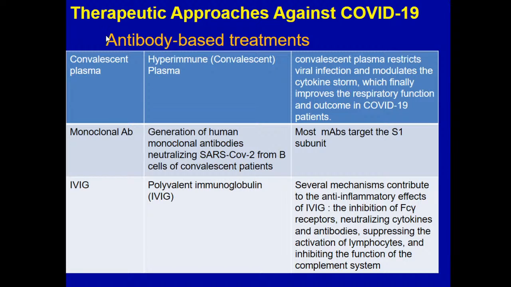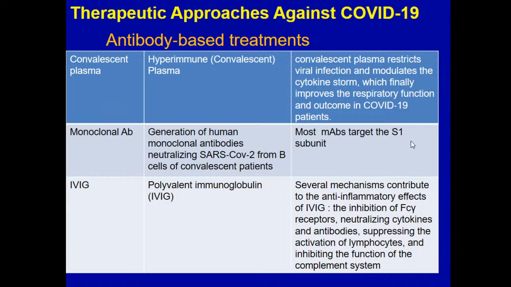And then I would like to underline antibody-based treatment, one of the oldest historical approaches in the treatment of infectious diseases. Human monoclonal antibodies are used in clinical trials that neutralize SARS-CoV, produced from B cells of convalescent patients.